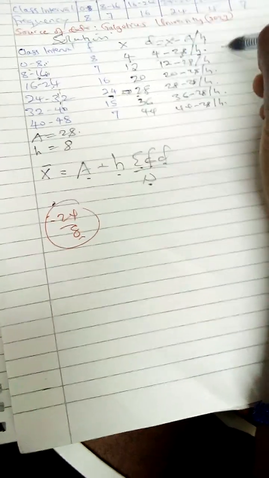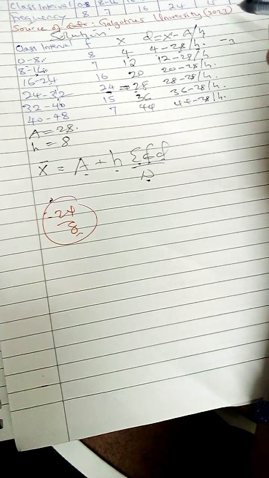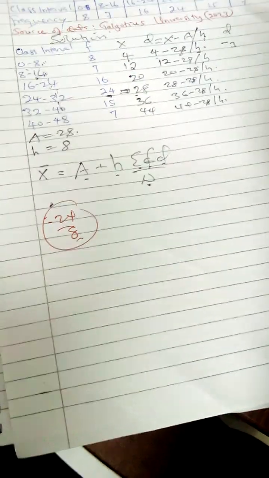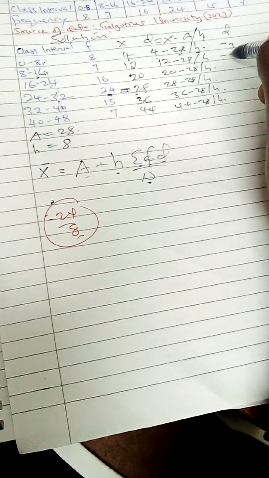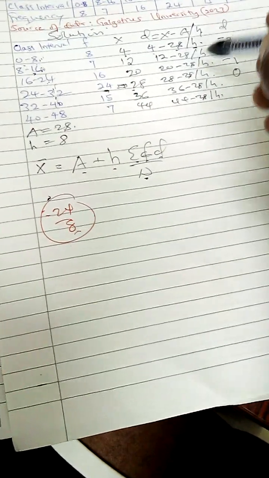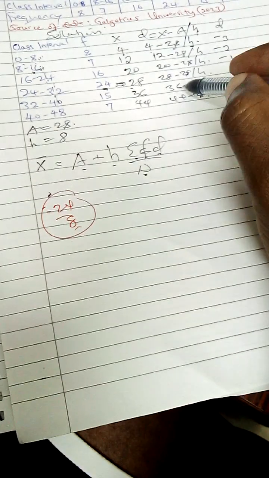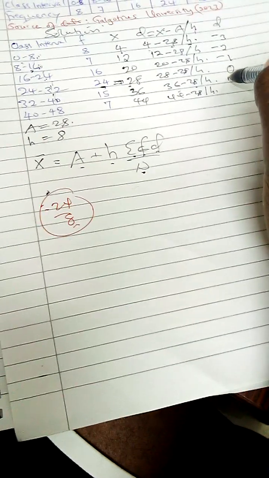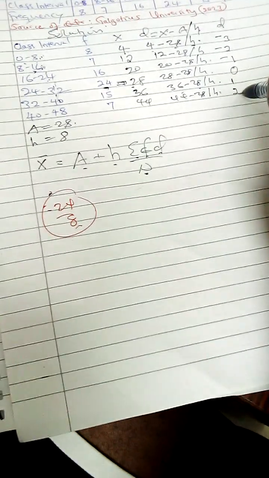This is d. Then negative 2, negative 1, and 0, and then it becomes positive: positive 1 and positive 2.